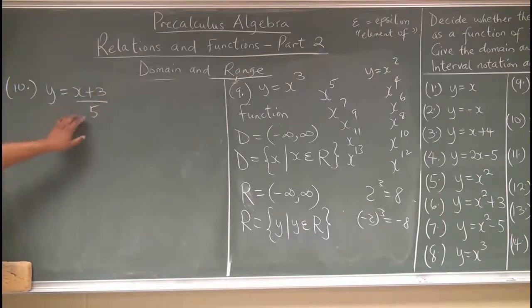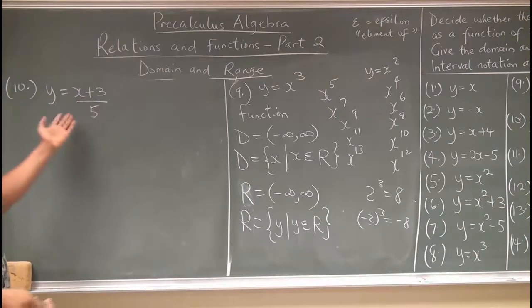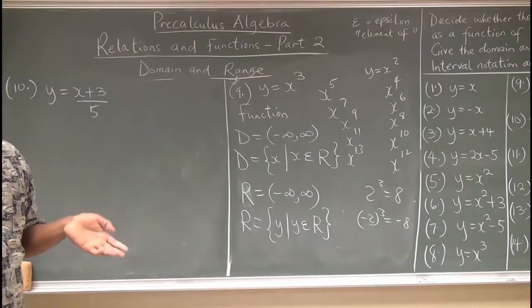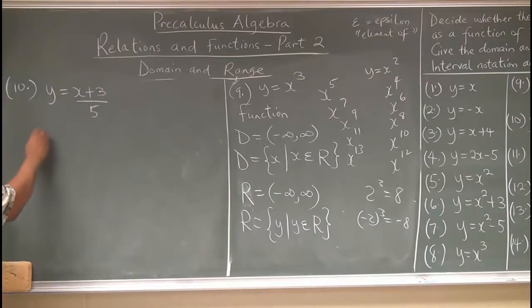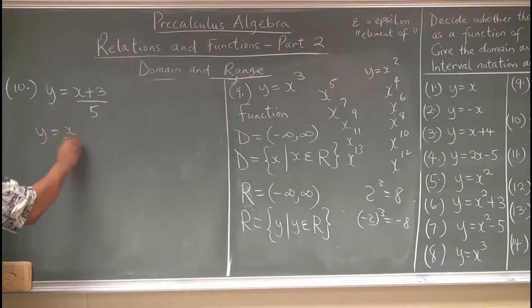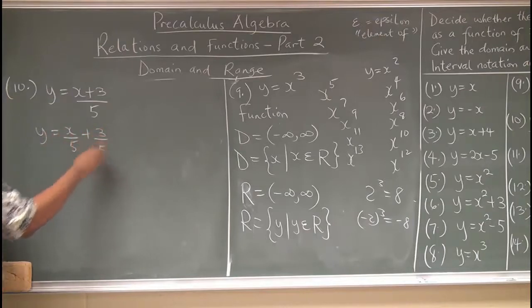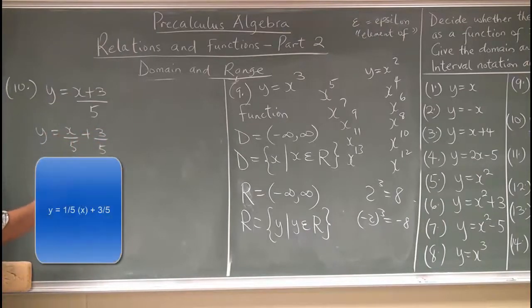If you look at the denominator, it is 5. This is a linear function. So this is like saying y equal to x over 5 plus 3 over 5. So x could be anything, y could be anything. It's still a linear function.